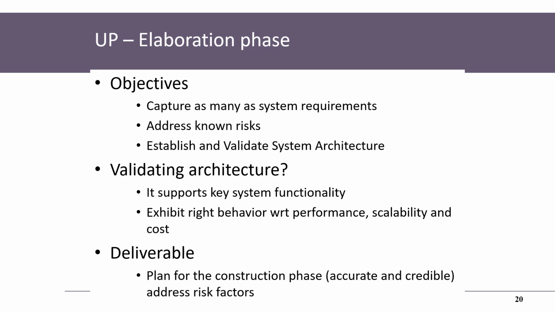So if it is a selected architecture, can we address all the key functionalities through this? That's the first test the people will have to do, not in the future. Can you address the things to be done? Exhibit the right behavior with respect to performance, scalability, and cost.